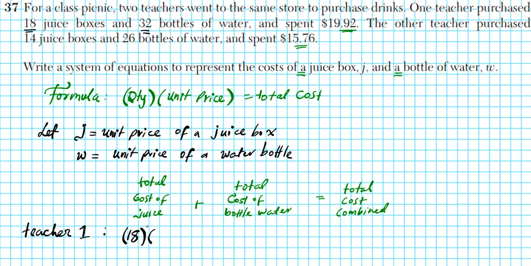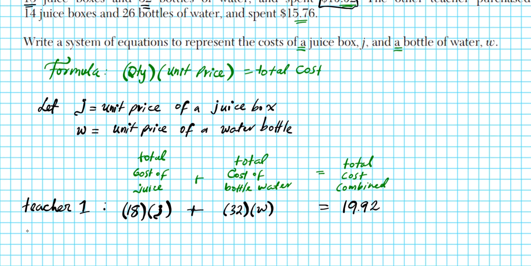This is for juice: 18 juice boxes, the unit price for juice boxes is J, plus, now let's talk about bottles of water. Total quantity of 32 and the unit price is W. How much did the first teacher spend on both? $19.92.